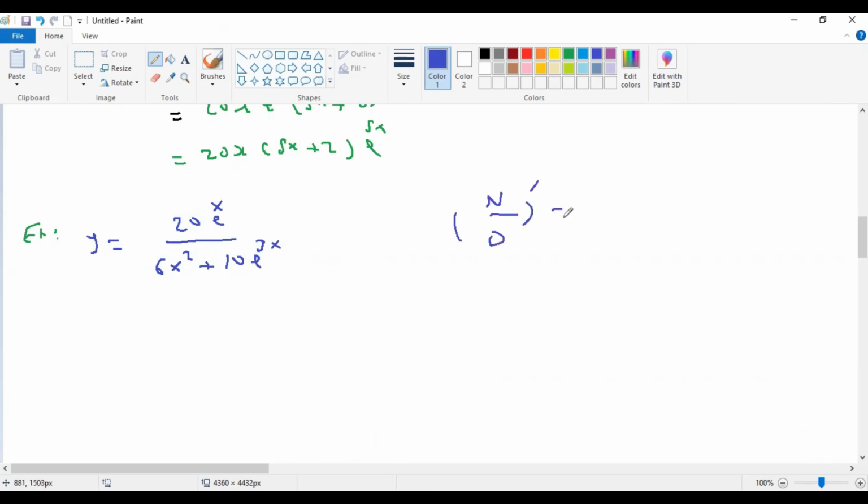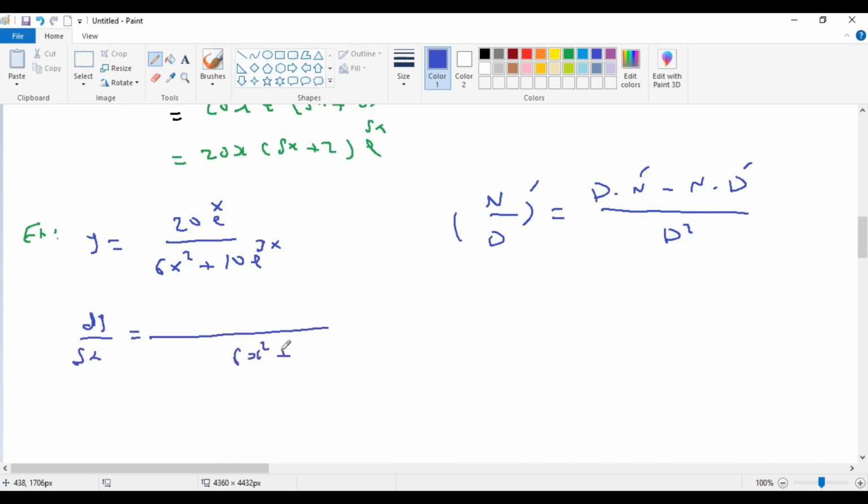So the derivative of this one will be d squared, and you have d multiplied by the derivative of n minus n times the derivative of d. So dy/dx, the derivative is equal to 6x squared plus 10e^3x, this is the denominator, to the power 2. And then the denominator, we have 6x squared plus 10e^3x.